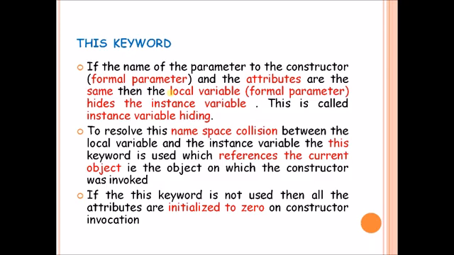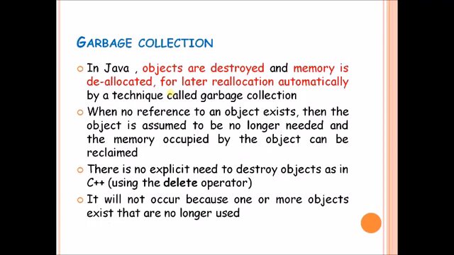In case the parameterized constructor's formal variables and the local variables have the same name, then it causes a namespace collision called instance variable hiding. In order to resolve this, you use the this keyword, which references the current object. If the this keyword is not used, then all the attributes will be initialized to 0.